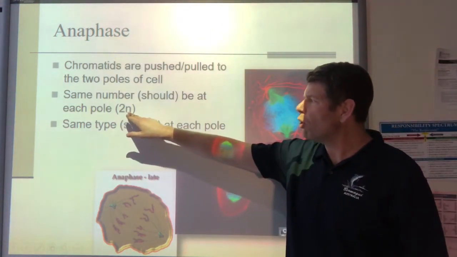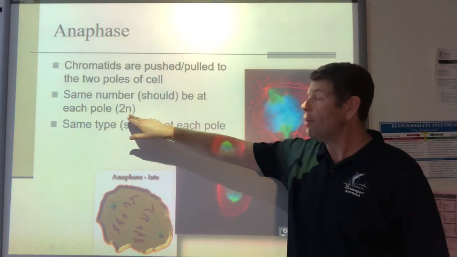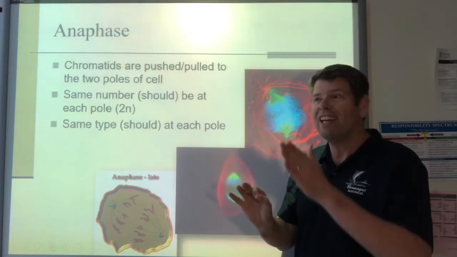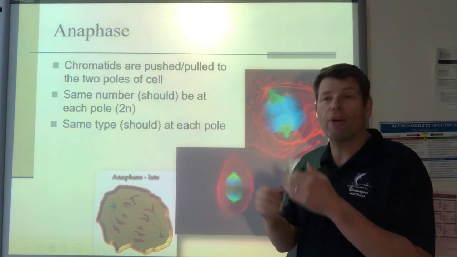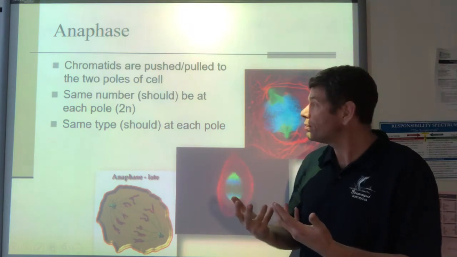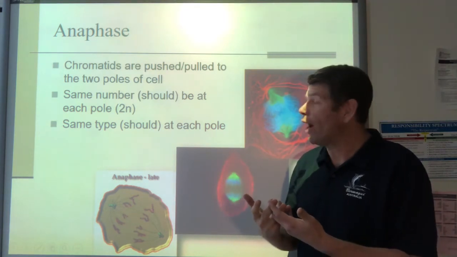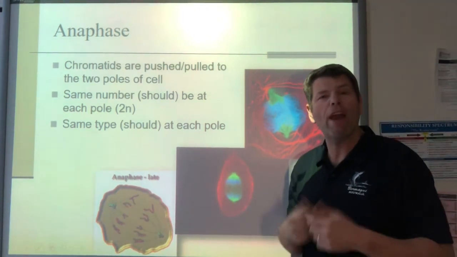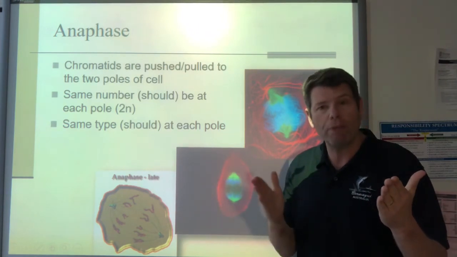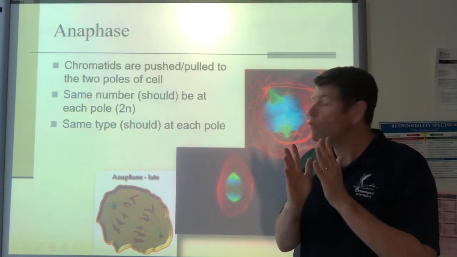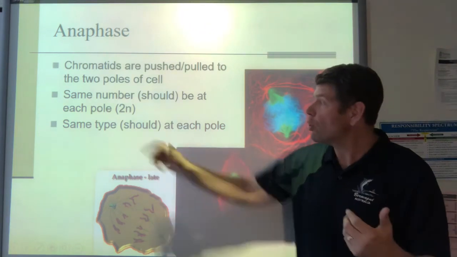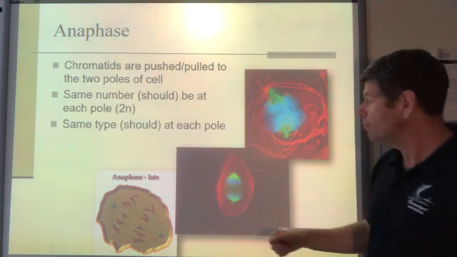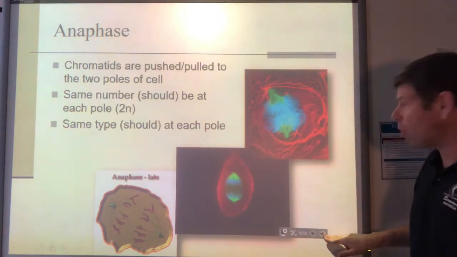Now, we're going to talk more about this n representation later, but n stands for what we call the haploid number, which means the different chromosomes that are present in an individual. All right, so for humans, our haploid number is 23. We have 23 different chromosomes, but they pair up, right? One from mom, one from dad, so that we have 46 chromosomes, 23 pairs. So 2n is our 46 number, and n is our 23 number. And they'll be identical at each pole of the cell.